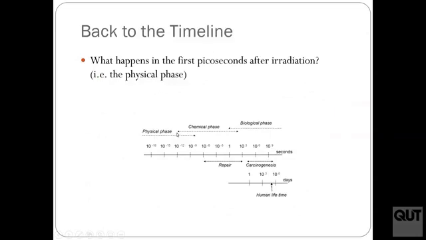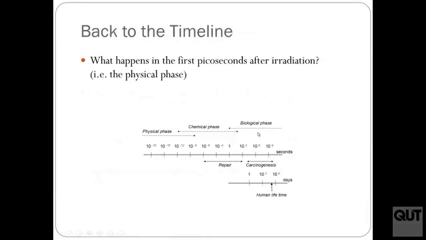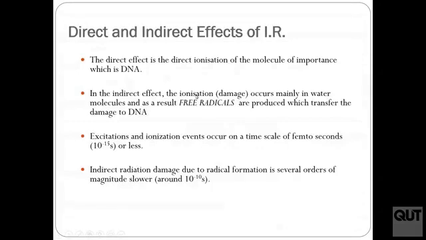So let's have a look at what happens initially here. We can have what's called direct effects or indirect effects of ionizing radiation. The direct effect is where the ionization event occurs in the actual molecule of importance, so it occurs within the DNA itself.